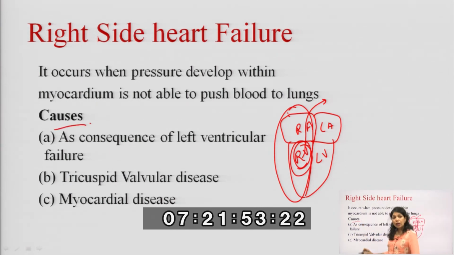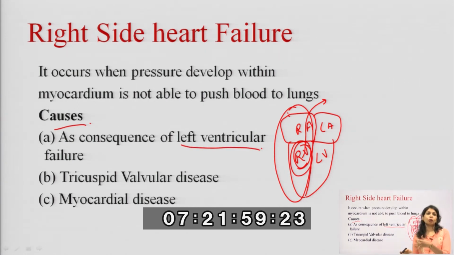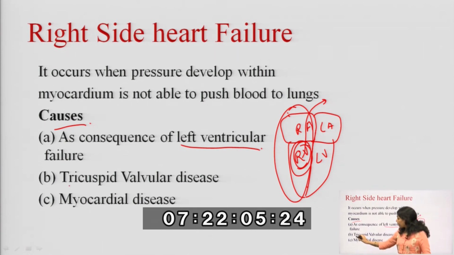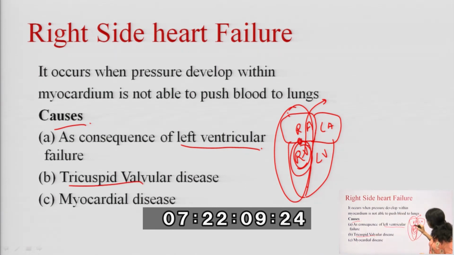Causes: why is this happening? This is happening because of left ventricular heart failure. The left ventricle is not pumping sufficient blood, which may lead to right side heart failure also. Or a tricuspid valve disease. The tricuspid valve is present between the right auricle and the right ventricle.